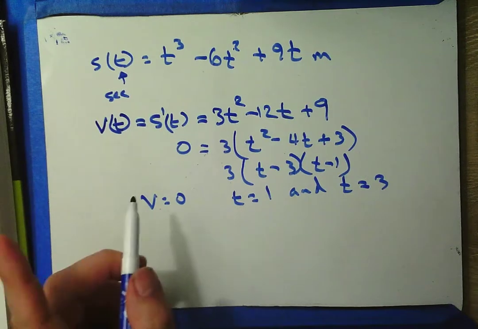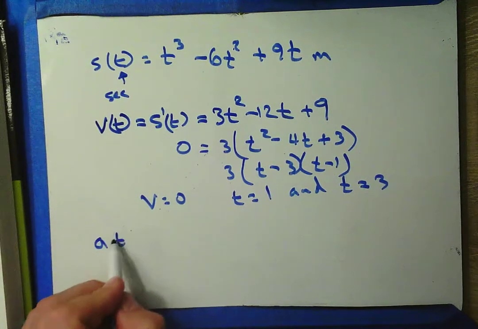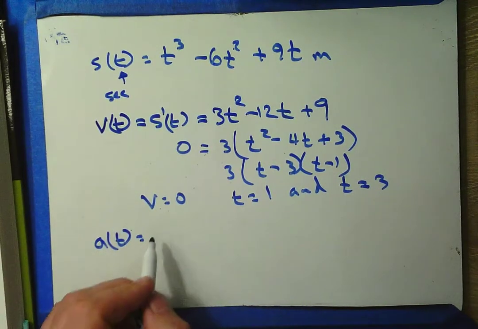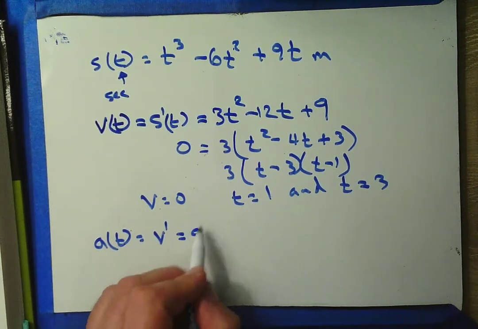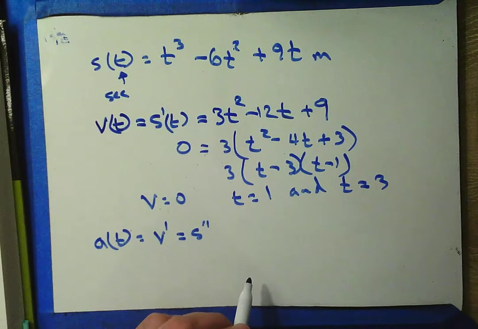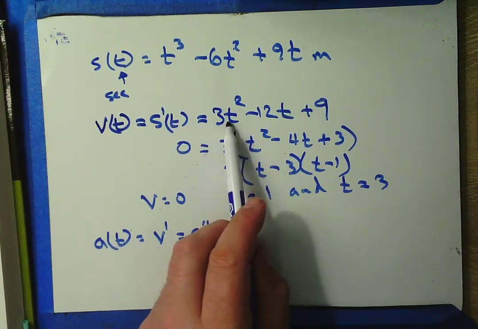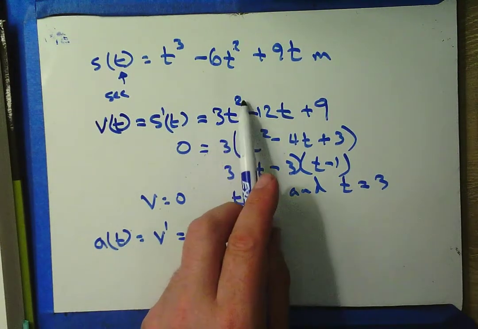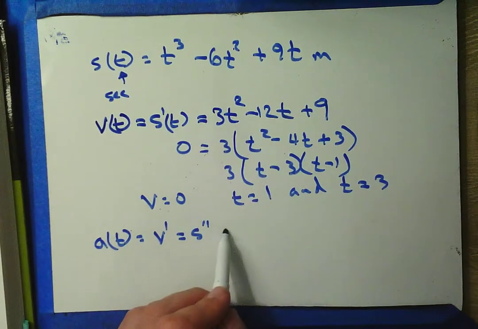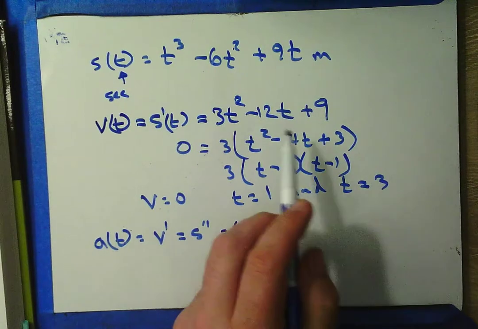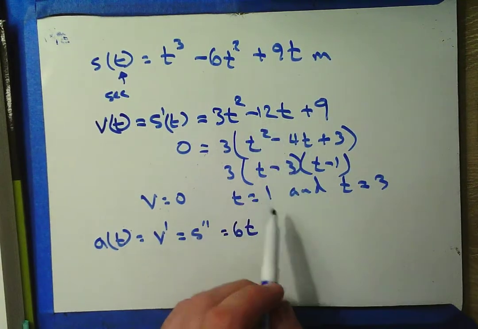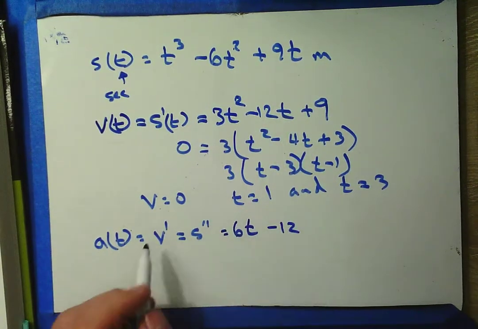But we want to know acceleration. Well, remember, acceleration is represented by the derivative of velocity, or even the second derivative of position. So let's take the derivative of this velocity graph. We'll bring down the 2. 2 times 3 will be 6. And we'll subtract 1, and we'll get t. And the derivative of negative 12t is negative 12.